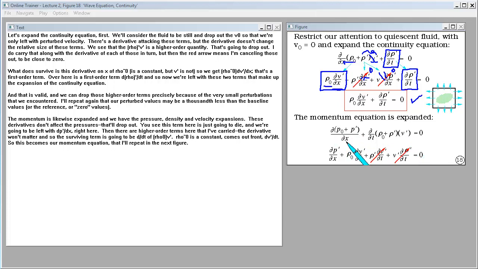These derivatives don't affect the pressures. That'll drop out. You see this term here is just going to die. And we're going to be left with dp prime dx right here. Then there are higher order terms here that I've carried. The derivative won't matter. And so the surviving term is going to be d by dt of rho 0 v prime. Rho 0 is a constant, comes out front. dv prime dt. So this becomes our momentum equation that I'll repeat in the next figure.